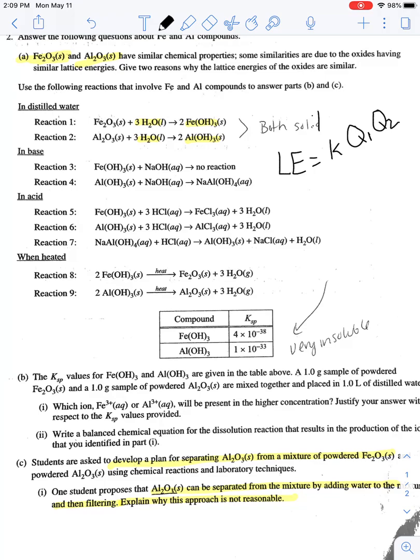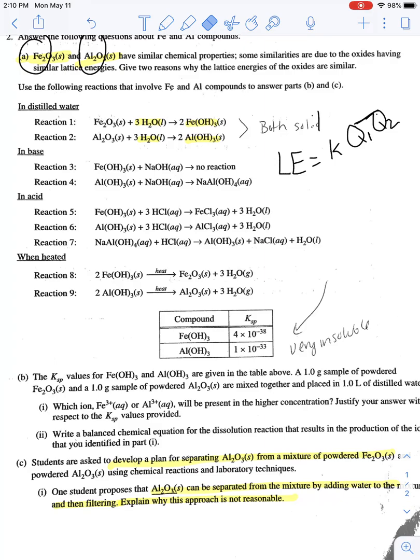The greater the absolute value of these two multiplied together, the greater the lattice energy. So it depends on charge. For example, Fe and Al both have a charge of +3 in those compounds, and oxygen has a charge of -2. That's a pretty solid lattice energy. But if it reacted with fluorine instead, which gains 1 electron and is -1, that would be a lesser lattice energy, so weaker.